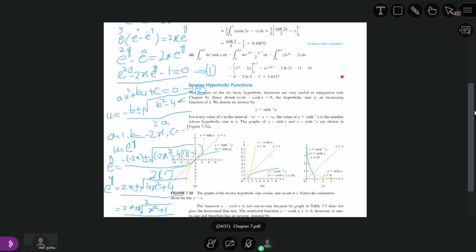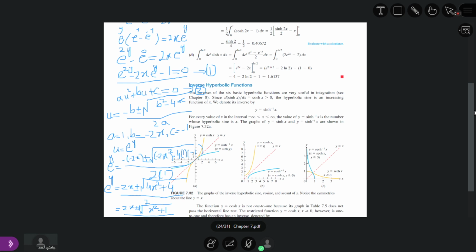Now, when two things are equal, suppose I ask you whether two people are of the same weight, then you will compare: one has some weight, and the second has the same.